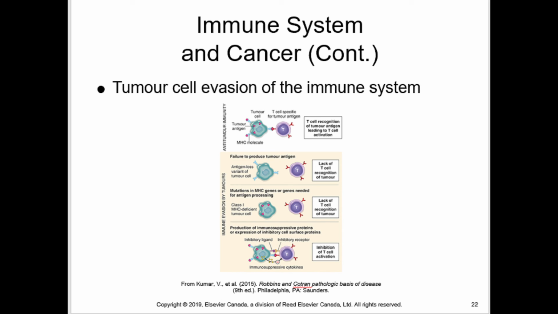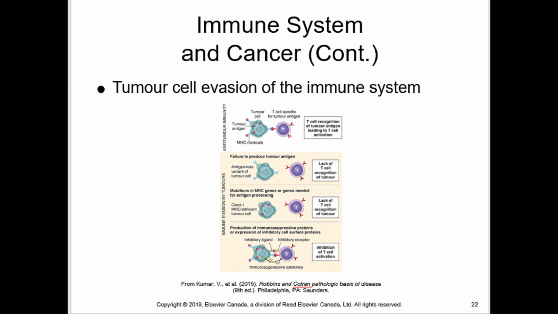There may be a downregulation of the major histocompatibility class 1 expression, thereby enabling those non-self antigens to go undetected. These are just some examples.